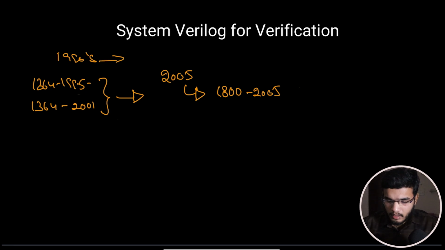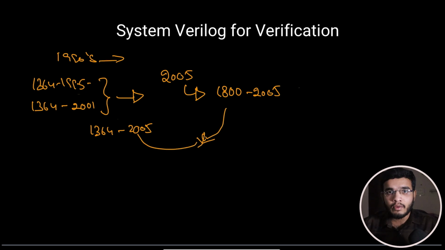People then merged it with Verilog 1364-2005 to form a single language used for both design as well as verification. So now we have a unified language, which makes it very simple for engineers to do both design and verification.